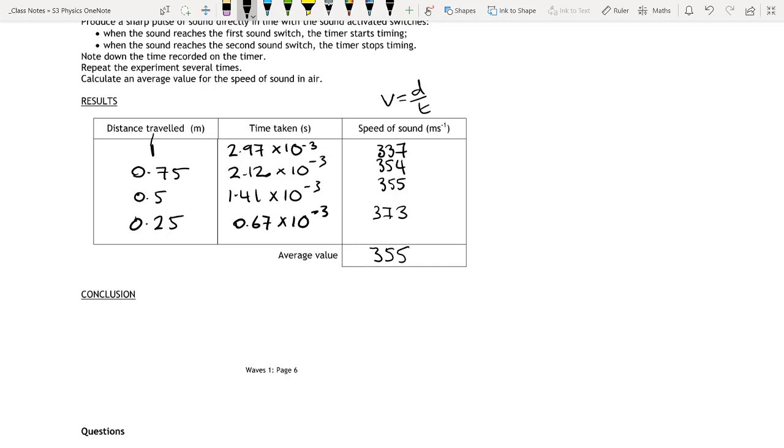So that's what I got. The last one in the table, 373. Have you tried pressing it? Oh, okay. What does it tell you on the? Okay.